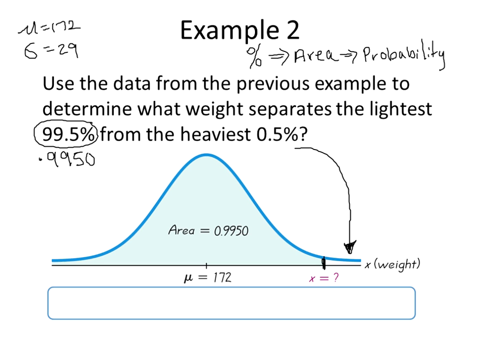The graph goes from left to right, where the right is the larger numbers, just like a number line. So I'm trying to find this value of x. What is that weight that separates the lightest 99.5% from the heaviest 0.5%?